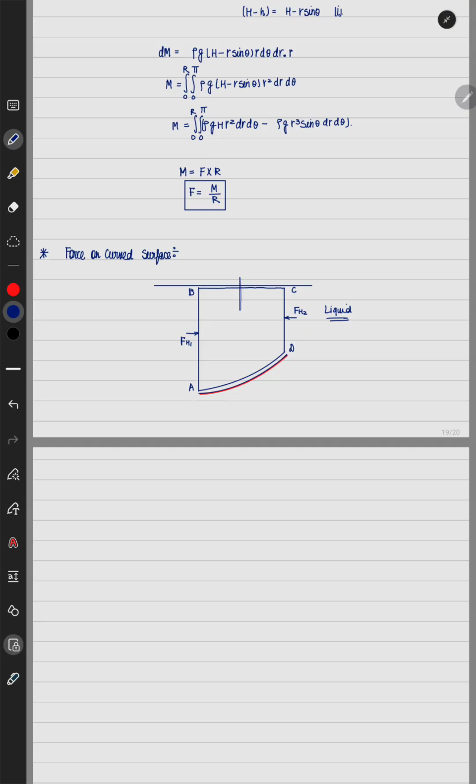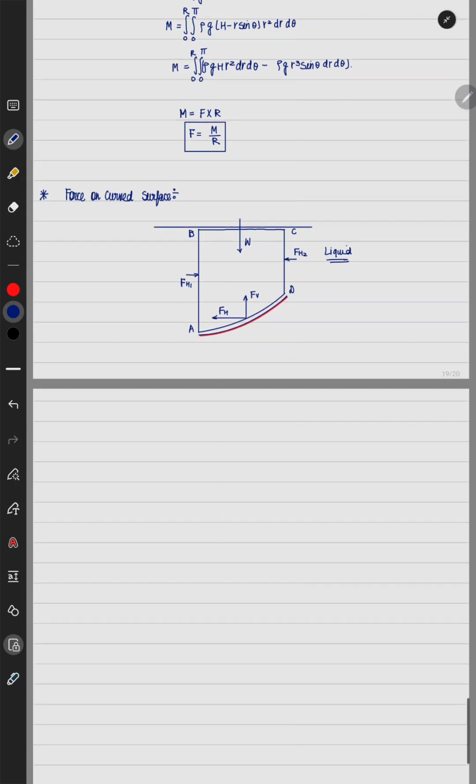From the body force, weight is acting in the downward direction. And due to the presence of the plate, suppose the plate exerts some force in the vertical direction, given by Fv, and the force acting in this direction on the control volume is given by Fh.